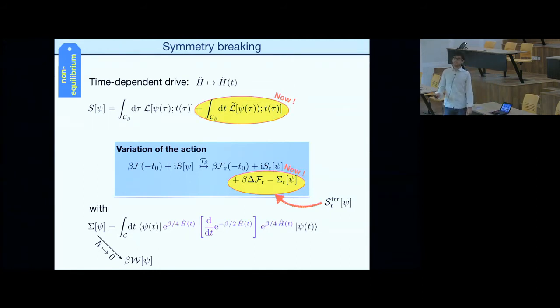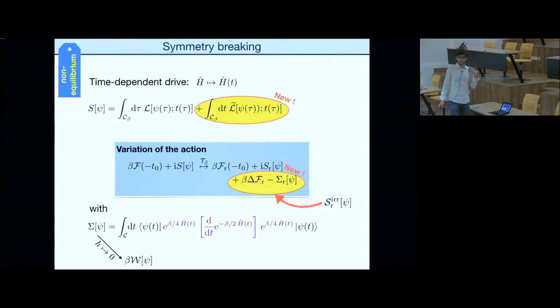But this piece here gives rise to a very new term, which comes in two pieces. There's first this variation of free energy, which is easy to understand. But there is a new object here, which I called sigma, which is a functional of the field trajectory. Sigma is the time integral over this Keldysh contour of the expectation value of this blue operator here.